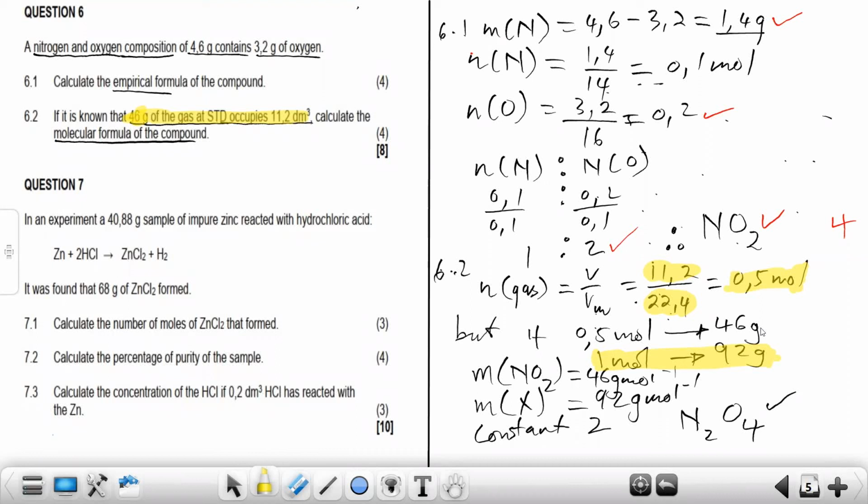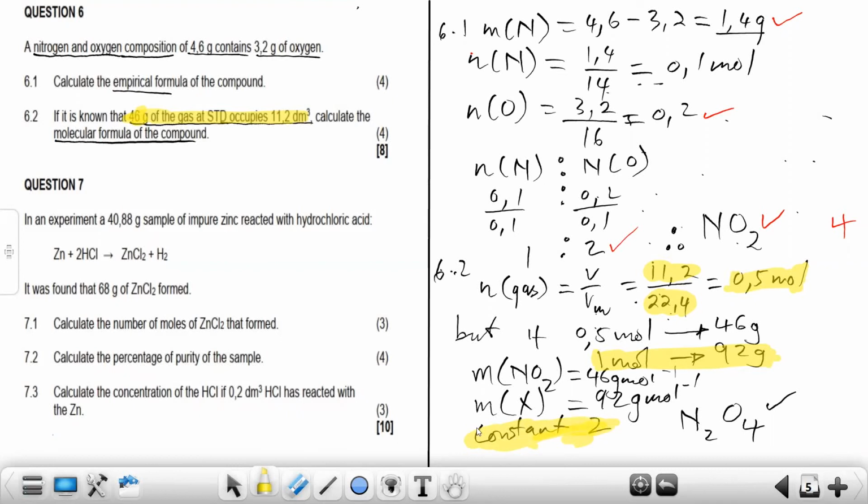The 46 grams is now directly converted to molar mass. Because remember, for us to get this particular constant, we divide molar mass with now what? Molar mass. So let's check if that is true.